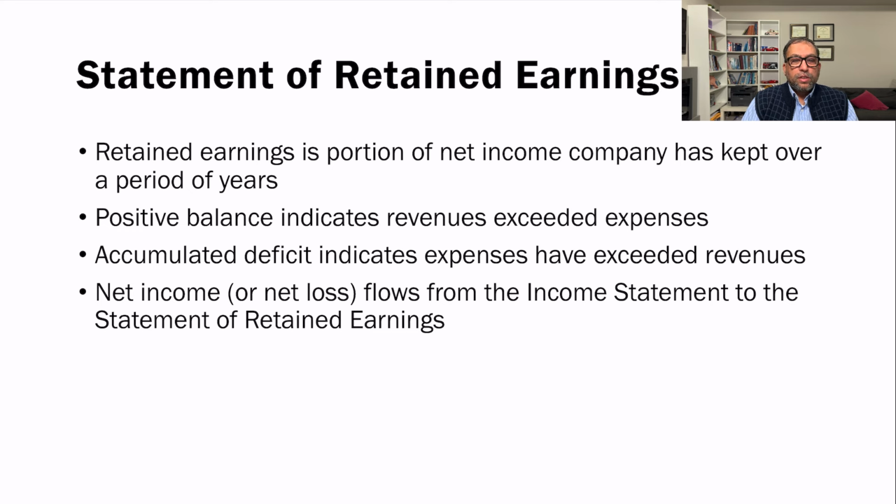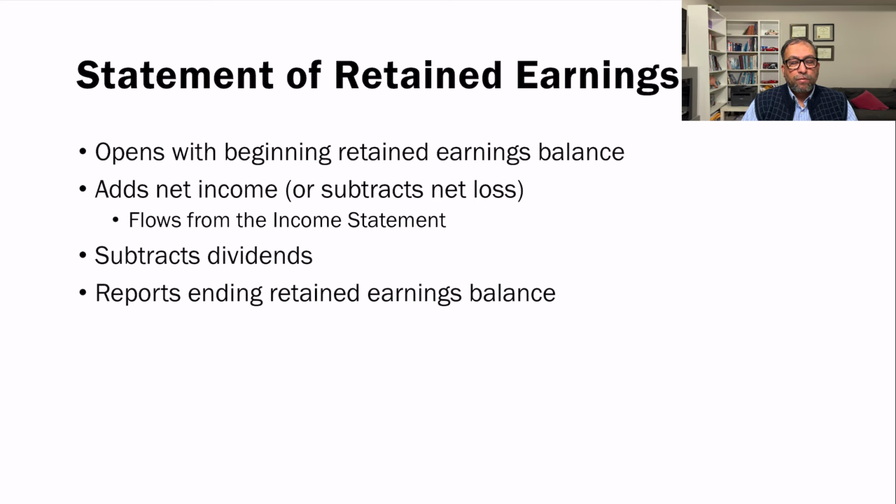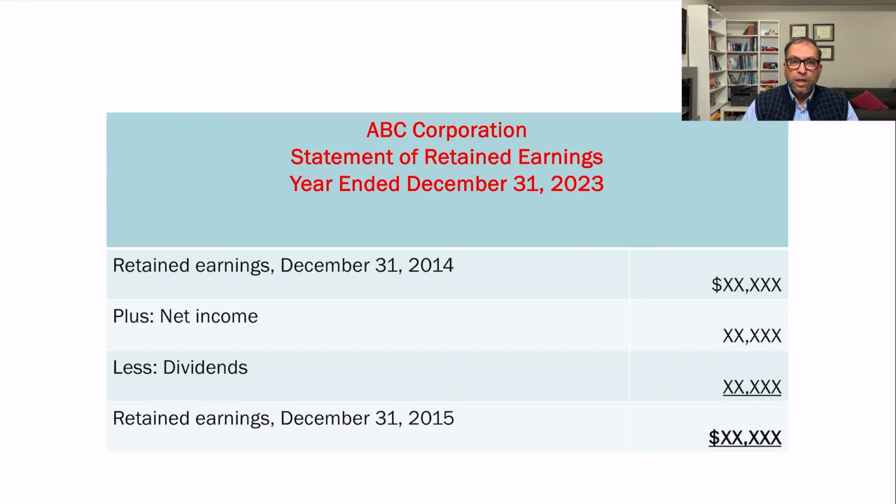The second statement is the statement of retained earnings. Retained earnings is the portion of net income kept over a period of years. A positive balance indicates revenue exceeds expenses. An accumulated deficit indicates expenses have exceeded revenue, and net income or net loss flows from the income statement to the statement of retained earnings. We start with the beginning balance from the previous periods, and then we add or subtract based on whether it's a net income or a net loss.